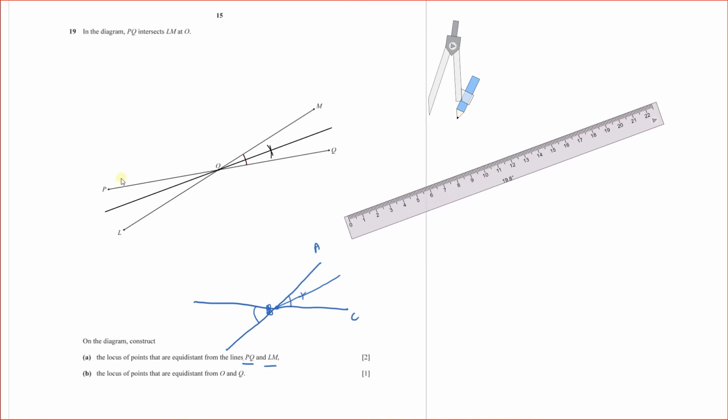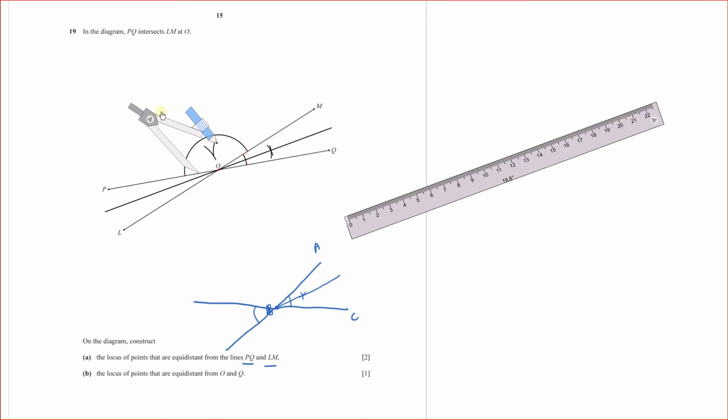Now let's draw the angle bisector for POM. I'll again place the compass at this center O and then draw the arc. Let me make it a little bit bigger so that I don't overlap with this arc. So draw it from one edge to the other. Place it here and then draw the arc here, and then place it on the other edge and draw the arc again.